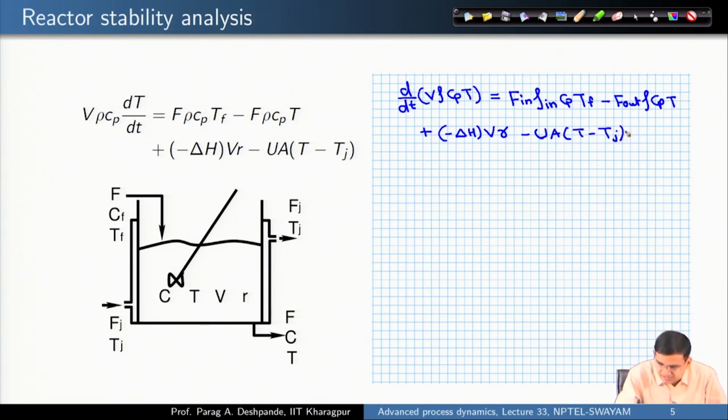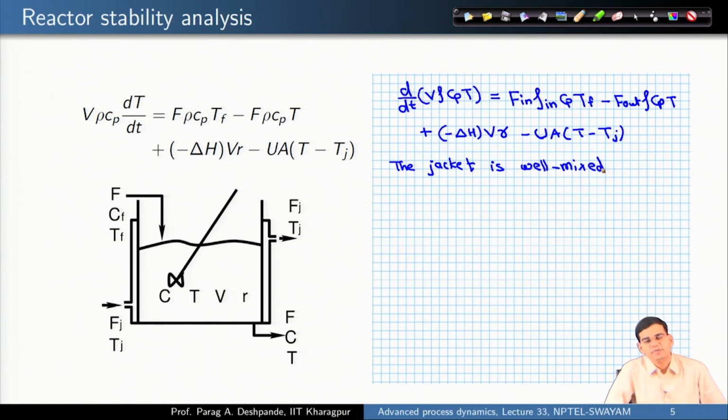Now, this is an important assumption which we need to remember. So, now what you have is a system in which the jacket has well mixed contents. So, the jacket is well mixed, which means that there will not be any spatial gradients within the jacket.